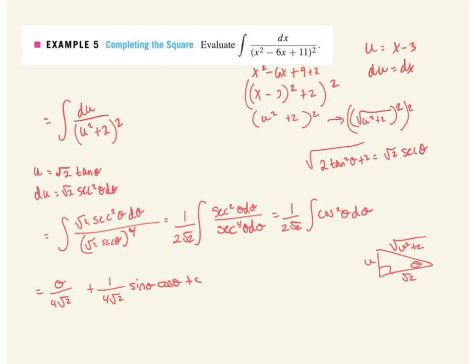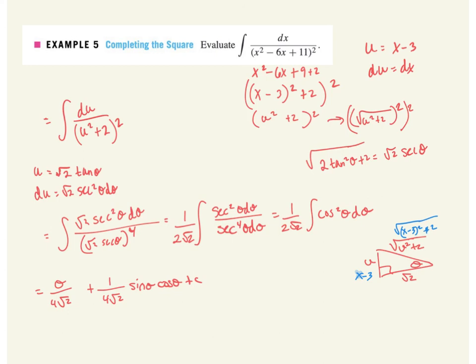So I can do that over here just so that I don't have to do double substitution at the end. U is x minus 3. So I have an x minus 3, I have a root 2, and I have a square root of x minus 3 squared plus 2.